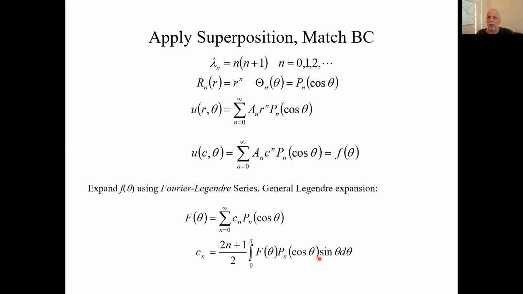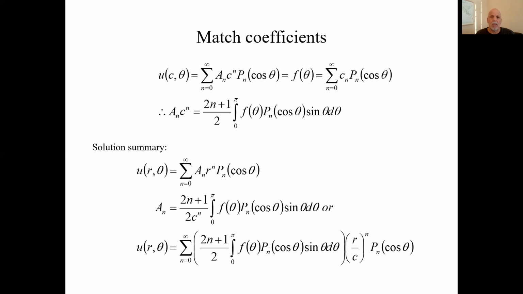Here we need it to be in terms of theta, so we had to do some variable substitution. So that gives us a complete solution, right? But we have to match coefficients. Big A sub n times C to the n must equal these little c sub n's. So this is matching coefficients. This all comes from the coefficient formula for the Legendre series.